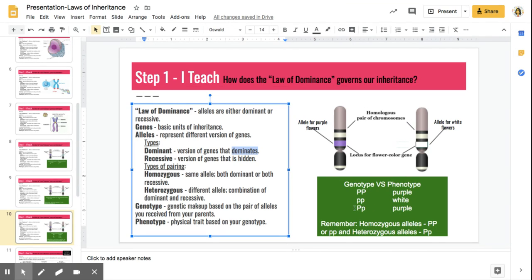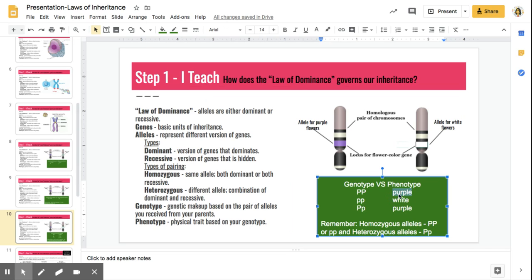So when you see a genotype like this, what you will have in phenotype is whatever color is represented by the homozygous dominant. All right? So basically, that's the law of dominance. Some trait is being hidden when you have heterozygous. But the trait will appear if you have no other choice but to have the recessive trait.